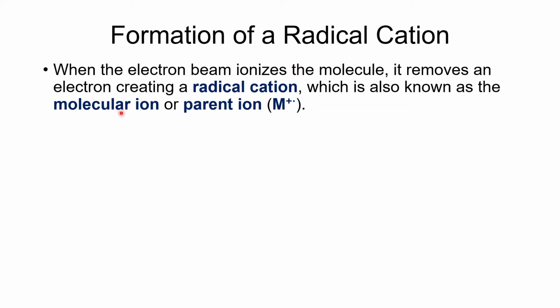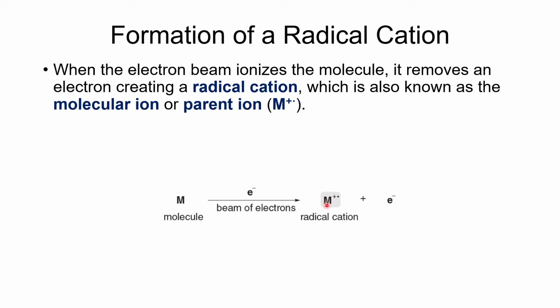Sometimes we can see that molecular ion and sometimes we can't. It just depends on how big it is, and it also depends on how stable it is. So we hit the molecule with a beam of electrons and we get a radical cation.